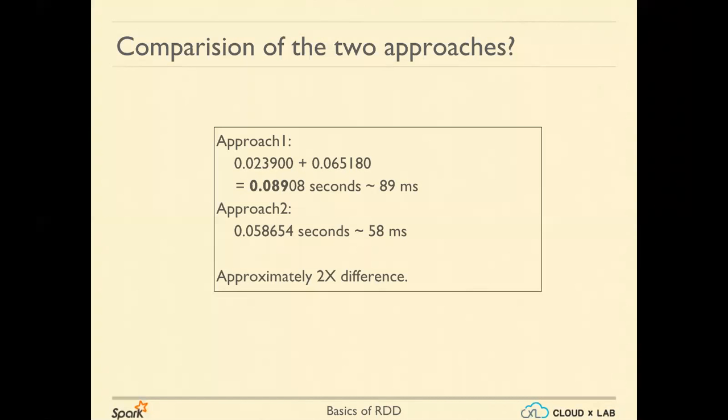And that is the difference that plays out in distributed computing, because the moment you start bringing the data to one machine, suddenly the entire time goes there instead of computing.